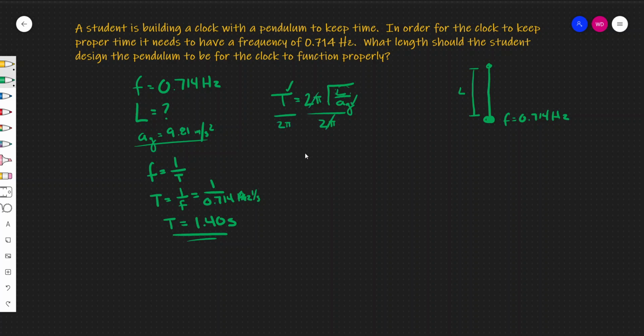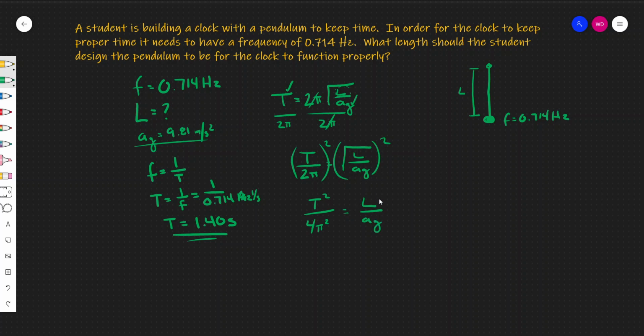So gone, gone. T over 2 pi is equal to the square root of L over a sub g, or acceleration due to gravity. I need to get rid of this, so I'm going to square both sides. So T squared over 4 pi squared is equal to L over a sub g.